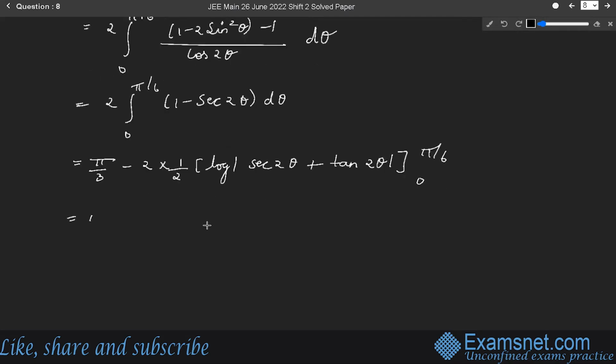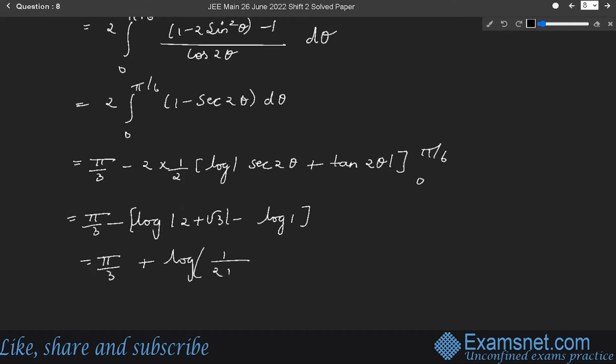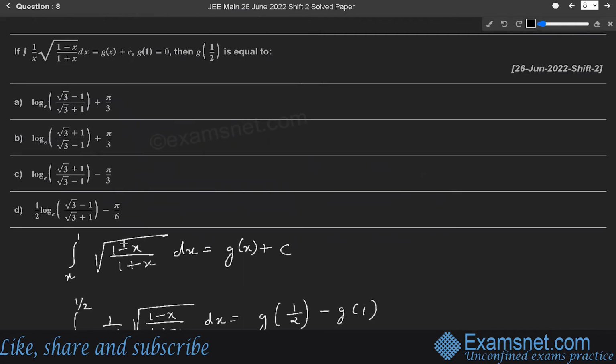On applying the limits, it will be pi by 3 minus log of 2 plus root 3 minus log 1. So it will be equal to pi by 3 plus log of 1 upon 2 plus root 3, which can also be written as pi by 3 plus log of root 3 minus 1 divided by root 3 plus 1. This is the required answer for this question. Therefore, we can say that the correct option here is option number A. I hope this question is clear to you.